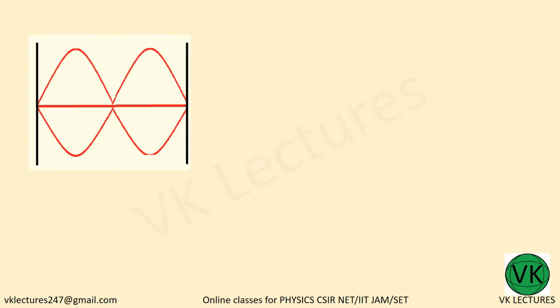Now if n equal to 2, we know lambda is equal to 2L divided by n, which is 2L divided by 2, that is equal to L. So the wavelength lambda is equal to L. For n equal to 2, this is the first overtone.